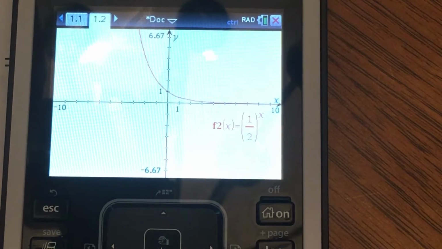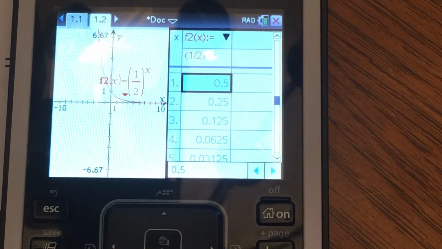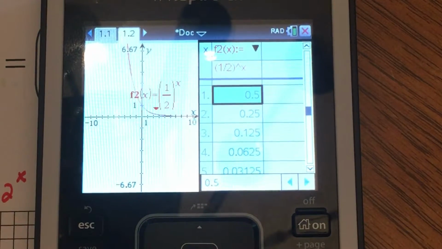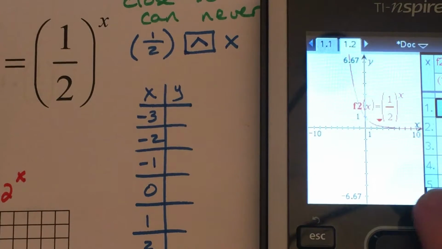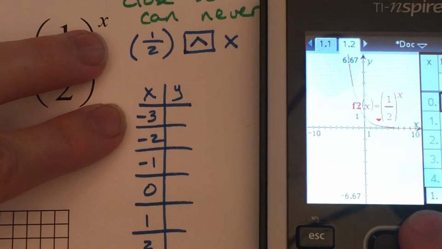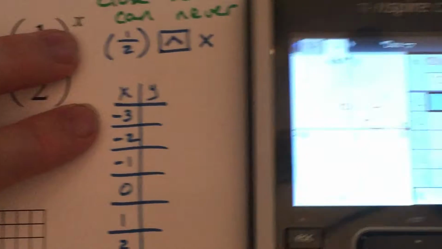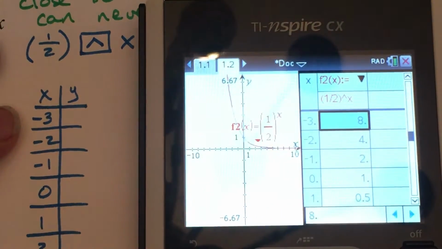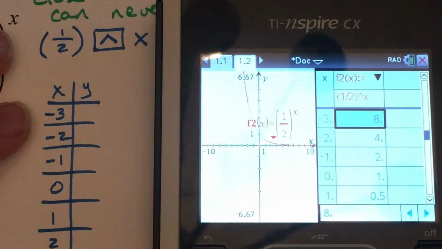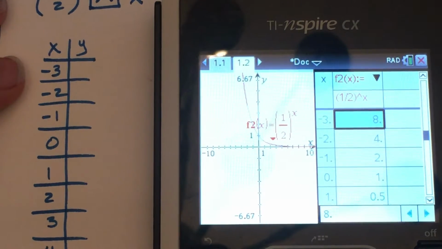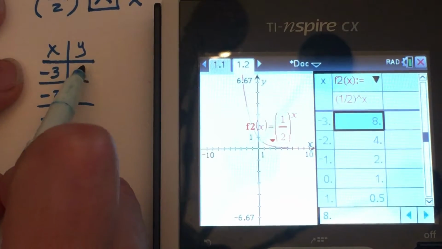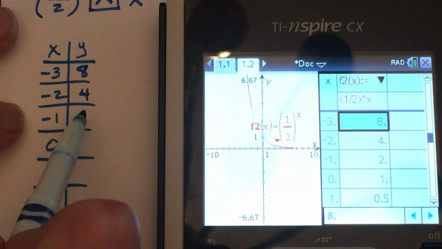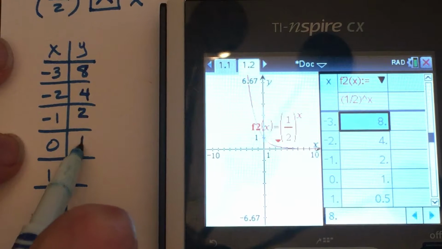So let's go look at its table. Control T. And hello. Let's see, we started at -3. My lighting is just weird all of a sudden. I don't know what the issue is. Sorry, folks. -3 has a height of 8, and then 4, and 2, and 1.